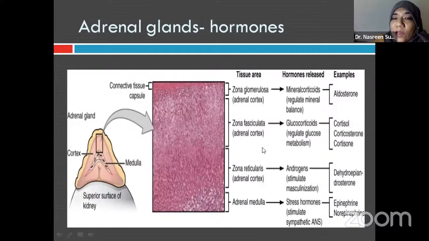Now, these three areas belong to the cortex region, while the last one is the medulla region, which releases the stress hormones epinephrine and norepinephrine.